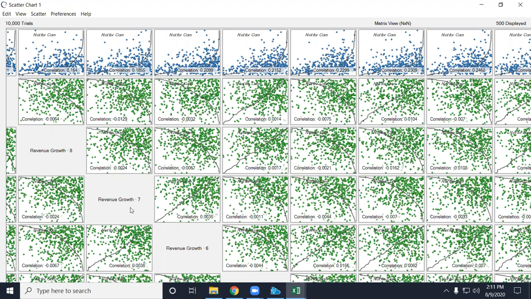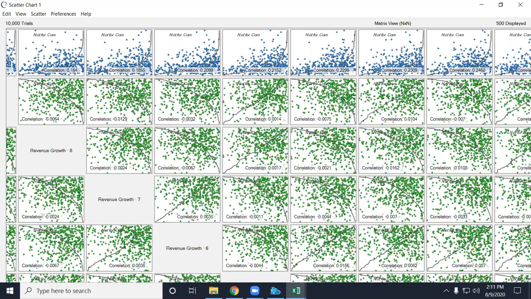Again, my computer is right now a little bit slow, but what I can show you, for example, is revenue growth 7, where revenue growth 2 is 2021, so 5-6 years from now, 2026. You see the correlation with the forecast, which is the intrinsic value. So the higher the growth rate for revenue, the higher the intrinsic value, obviously.